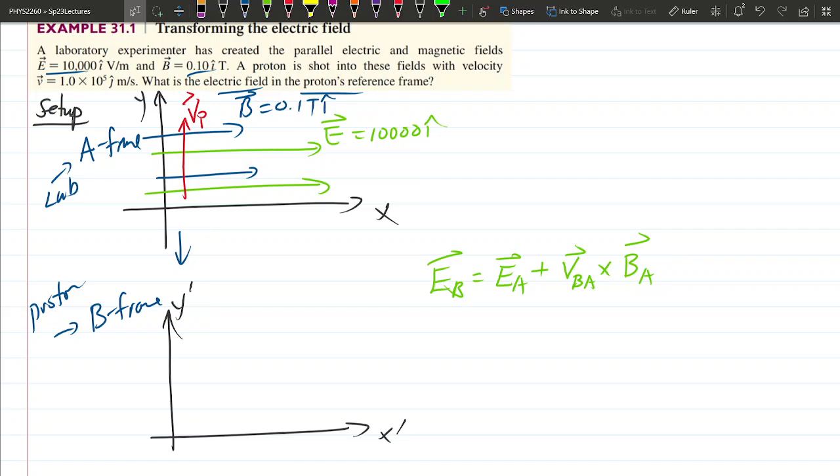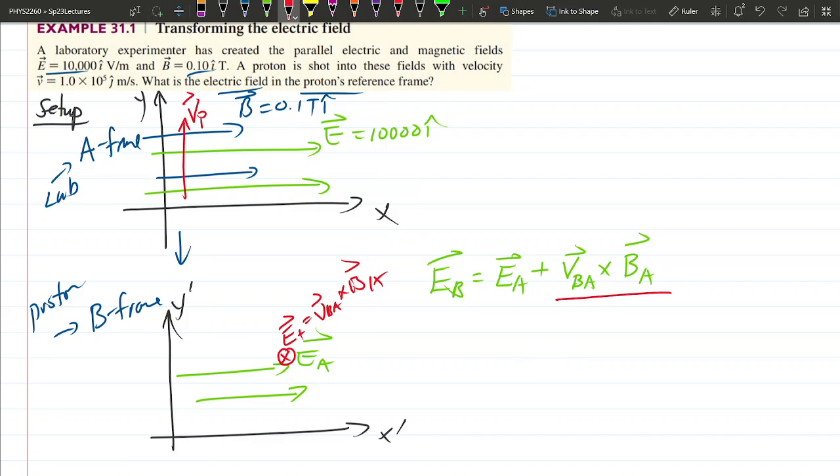So the original electric field is going to be like this, but then you're going to add some electric field going into the board. Let's just call it E plus. This is actually going to be V_BA cross B_A.